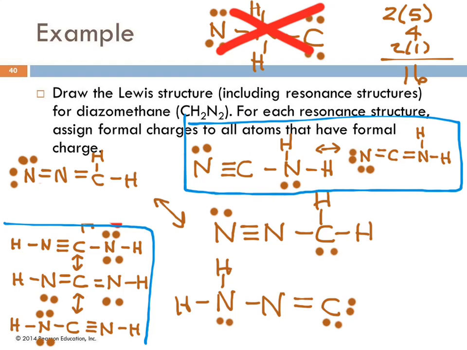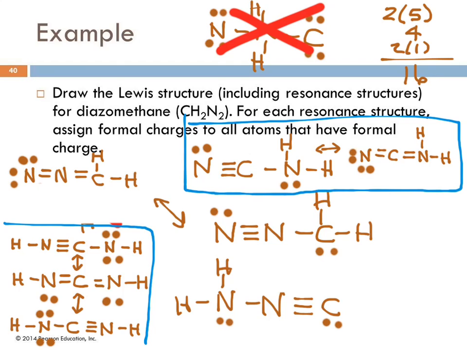I should have taken this one and put that back over there. 2, 4, 6, 8, 10, 12, 14, 16, 18. Oh, I got too many electrons. So that's not quite right yet. So we need to take this guy and make it a triple bond. Does that work? That works.